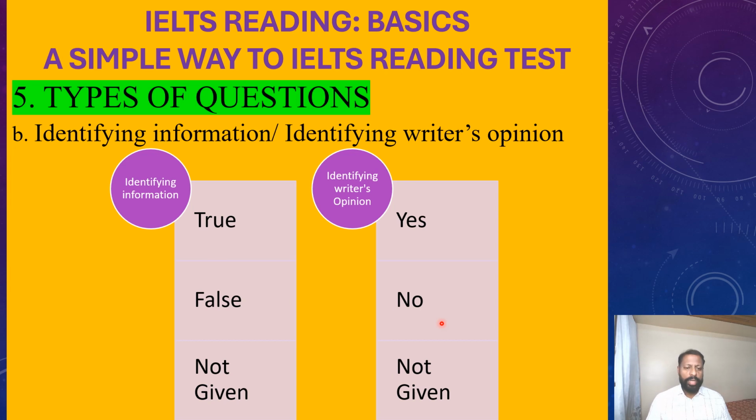Many students find it very difficult to answer in this area, or they get confused with what to write, what pertains to true, false, or not given, yes, no, or not given. Wait for the upcoming video for the specific tips which will really help you to crack identifying information or identifying writer's opinion type question. So this is another type of question you need to face in the IELTS examination.